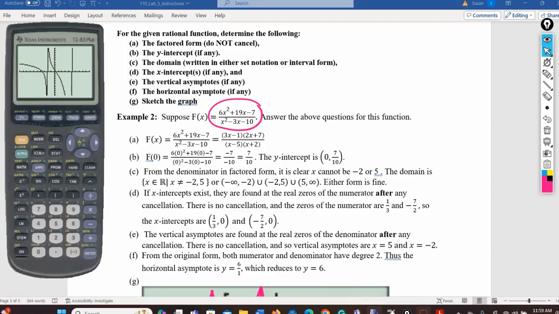Okay, now the thing about vertical asymptotes that you have to remember is there is always something of the graph to the left and to the right. And this viewing window is not giving you the complete picture. So you have a vertical asymptote here, and you have a vertical asymptote here.